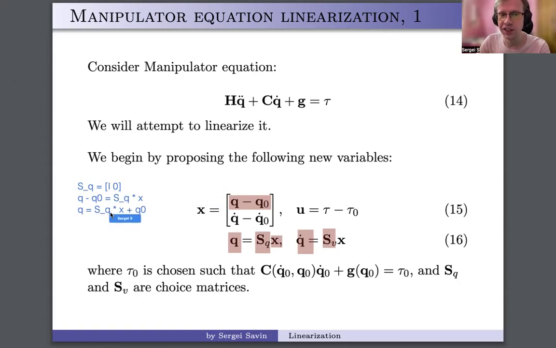Q dot would be C sub V times X plus Q dot 0. Okay. Well, that's a more correct way to describe it. But my point here is mostly that just as we describe X as a function of Q and Q dot, you can describe Q and Q dot as a function of X. Okay.